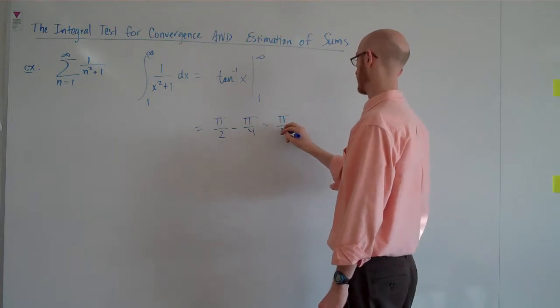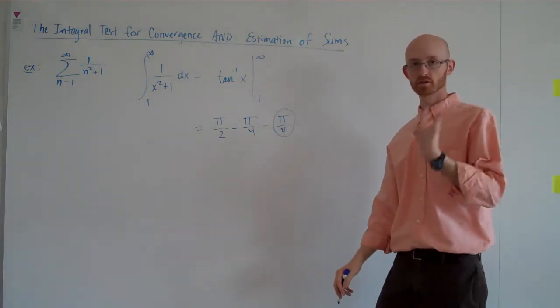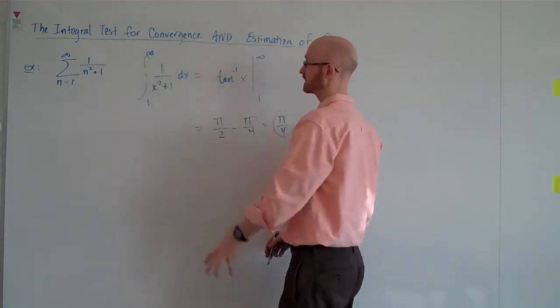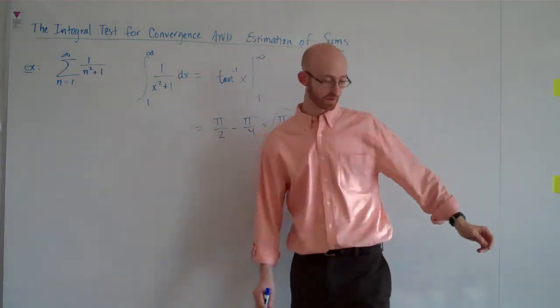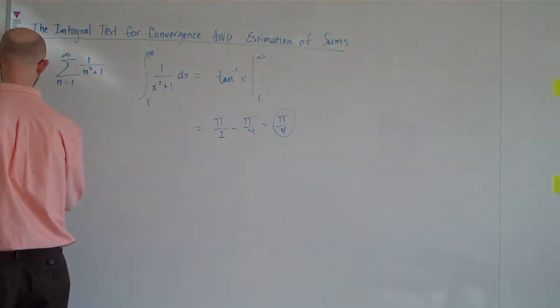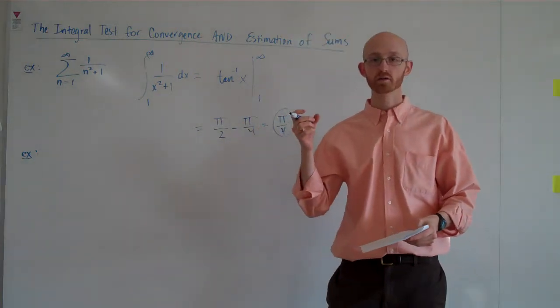So that's pi over 4. I don't even really need to do this calculation out, but that is a lockdown case now that this integral is convergent. Thus, that sum is also convergent.